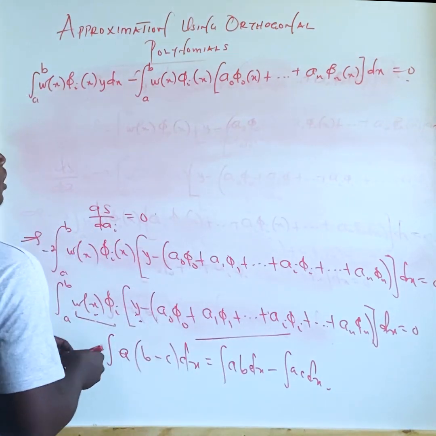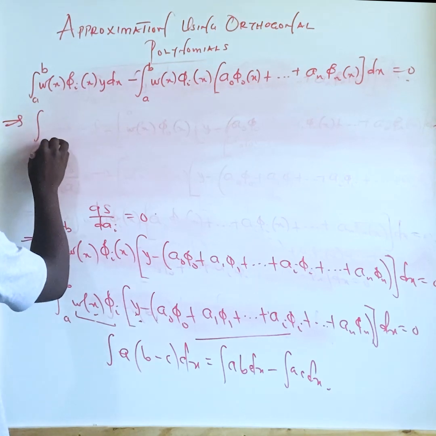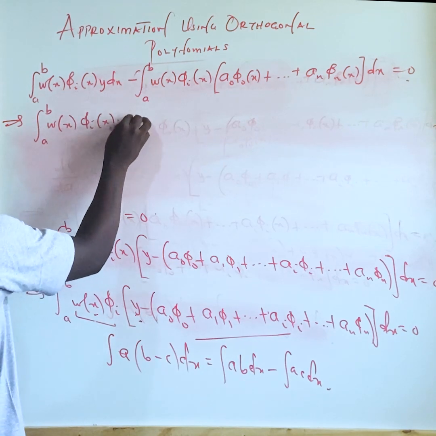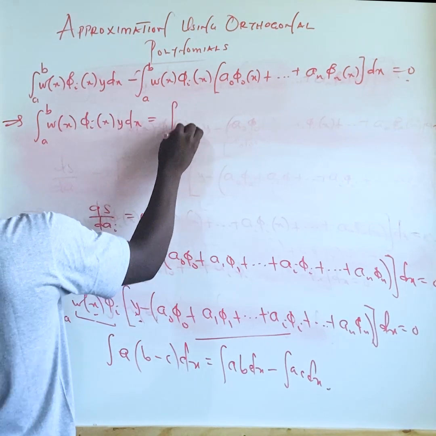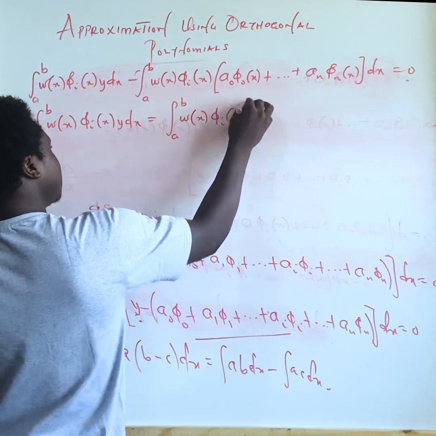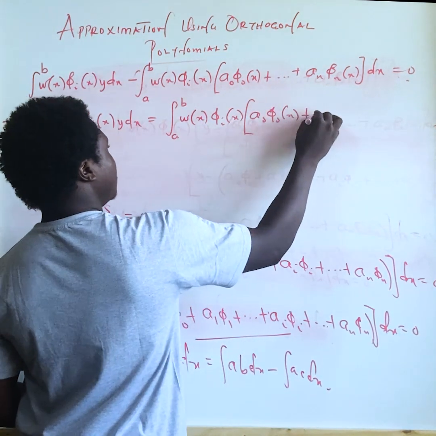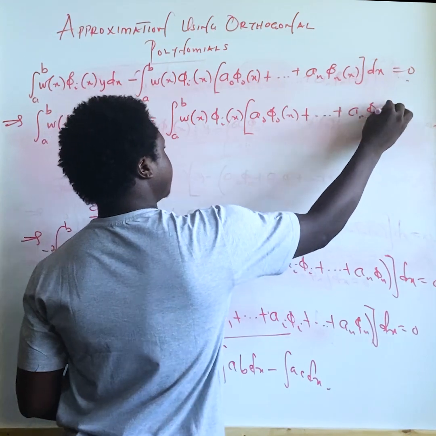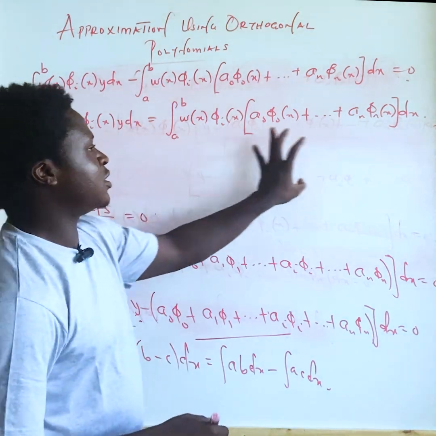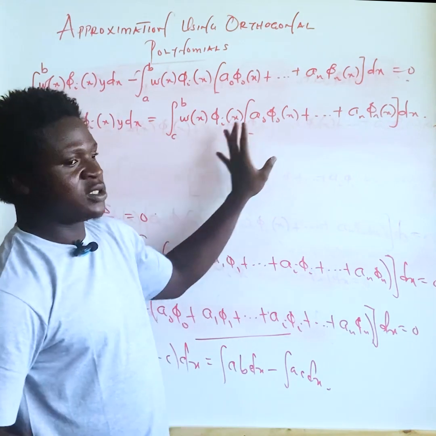Now whenever we have a minus b giving us 0, it means that a is equal to b. So by implication, we can have this to be integral a to b omega x phi_i of x y dx equal to integral a to b omega x phi_i of x a_0 phi_0 till we get to a_n phi_n dx. Of course, again, we can expand this integral. I'm saying a into b plus c, so we can say it is ab plus ac and so on.